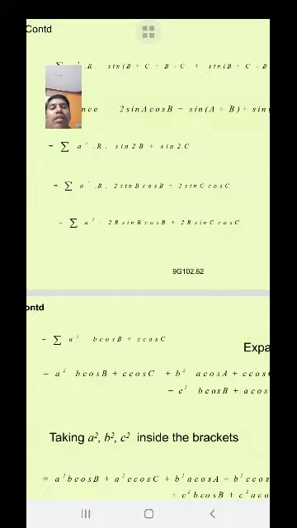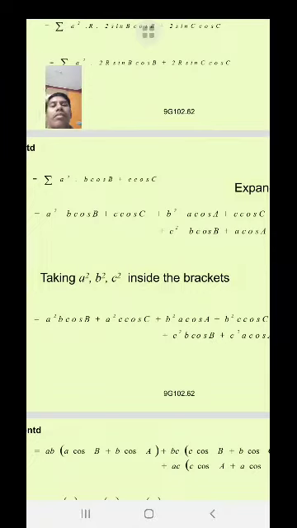Next, here I am expanding the sigma. That means I am writing it as a cyclic summation. So you should know how to write from a given base term; based on the given term, we have to make some more terms. A triangle has three sides and three angles, so three terms should be there.